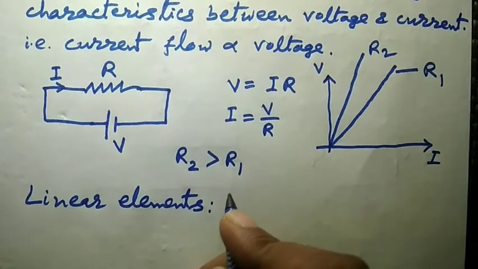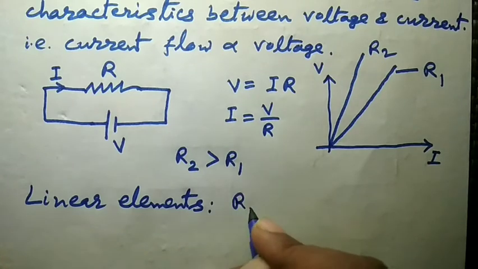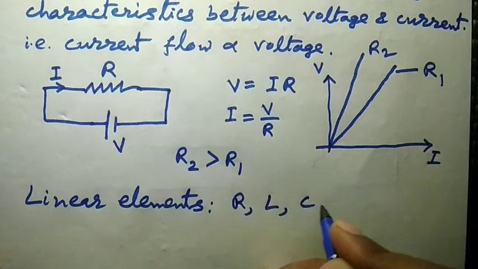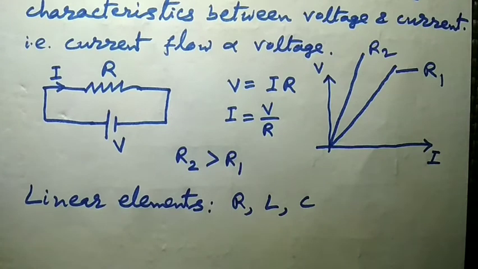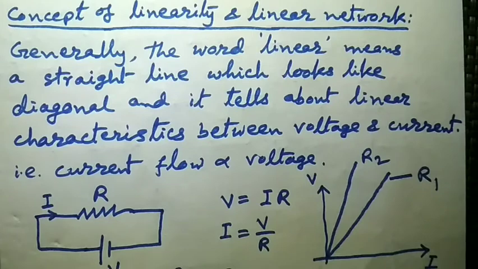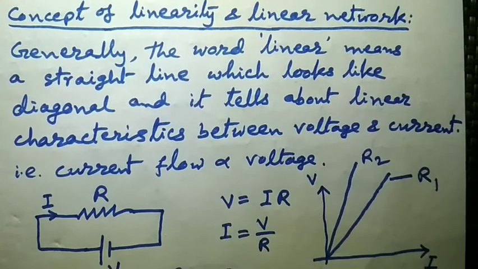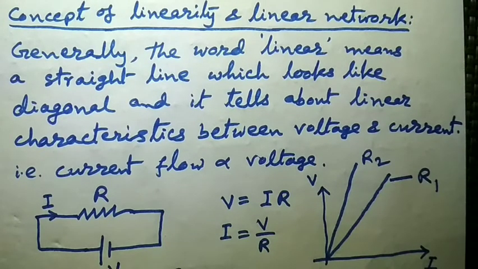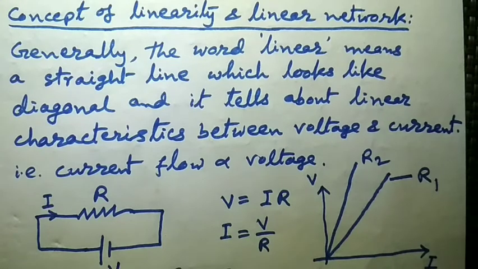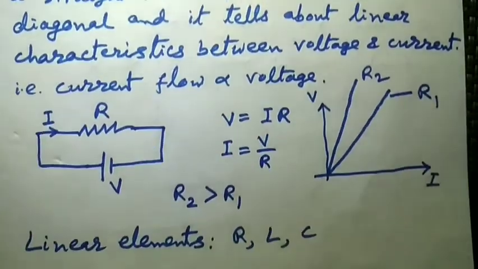The examples of the linear elements are resistors, inductors, capacitors, and so on. So linear elements are the elements for which the voltage and the current is directly proportional to each other, and the circuit or network that consists of the linear elements is called the linear circuit or the linear network.